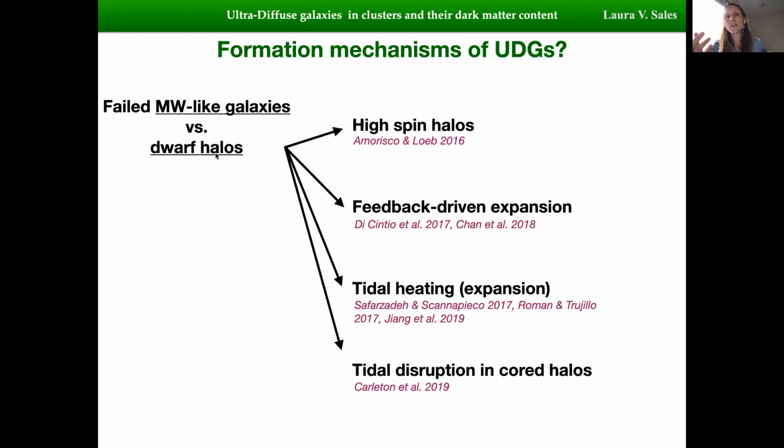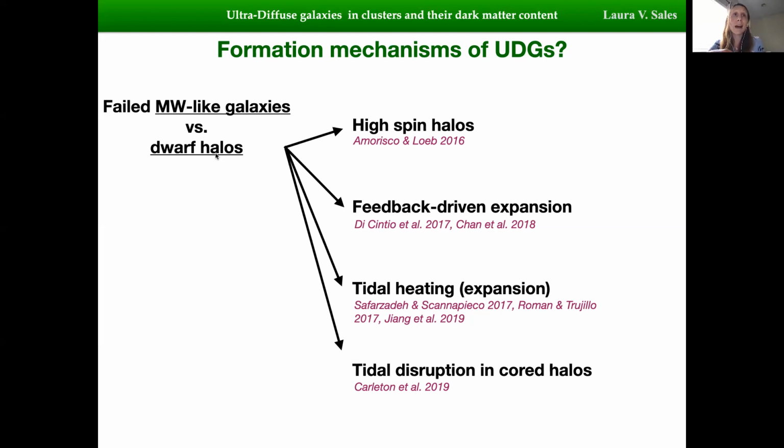Well, the first one was to say, for example, these very extended dwarfs are just simply the tail end of the highest spin dark matter halos. A very old idea where LSB or low surface brightness galaxies result from the high angular momentum of the gas.